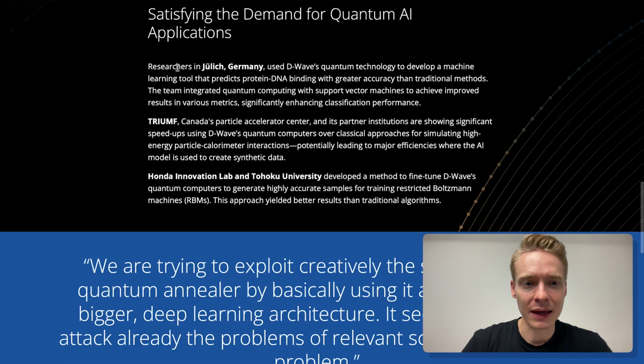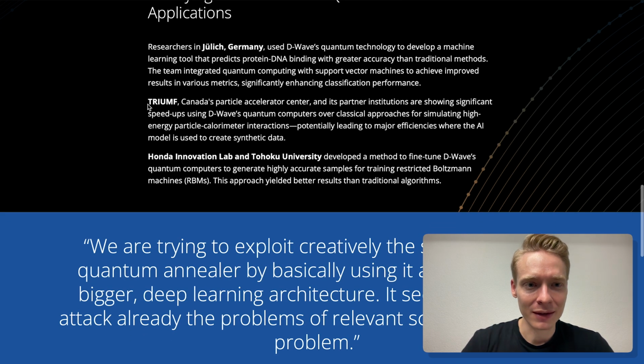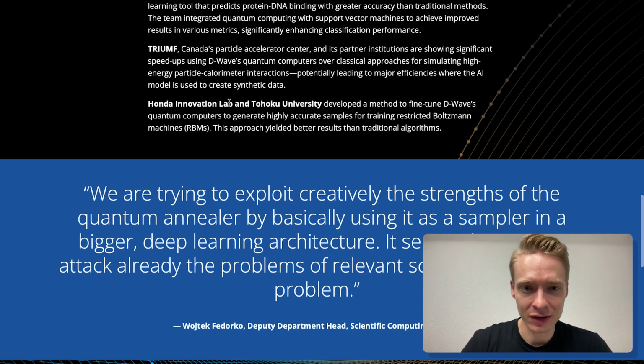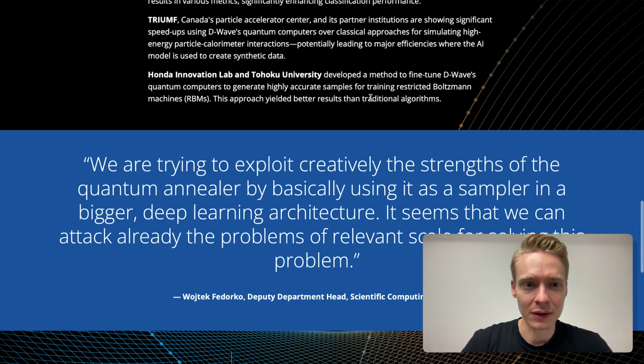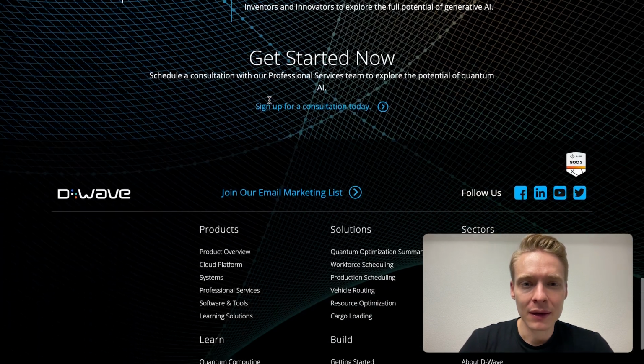So here you see a case with the Jülich Forschungszentrum in Germany, where I also used to work before. Then we see here TRIUMF, Canada's Particle Accelerator Centre, and Honda Innovation Lab and Tohoku University that work together on Boltzmann machines in this case.